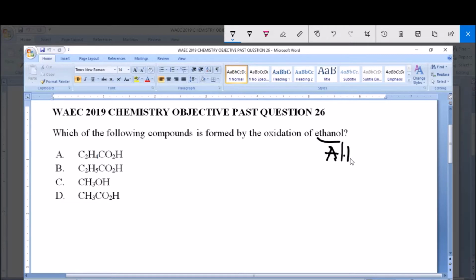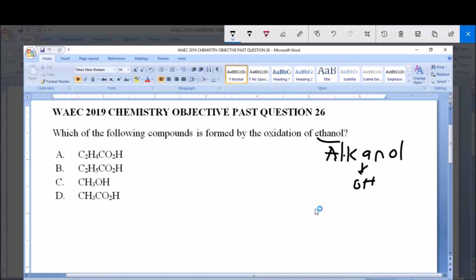known as alkanols. And alkanols are known for their functional group, which is OH. So they are known for having an OH functional group attached to them.